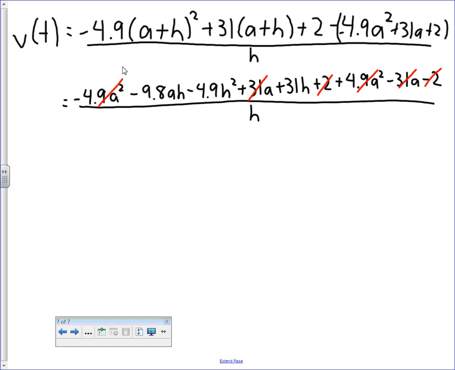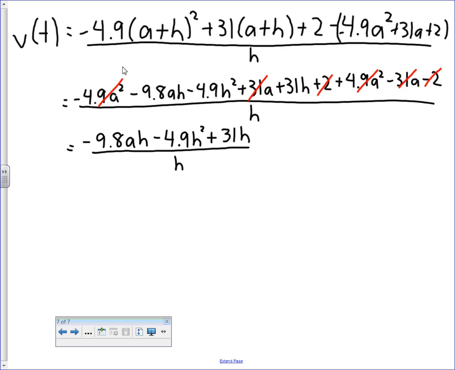It's negative 9.8ah minus 4.9h squared plus 31h, all over h. Then we cancel the h's.